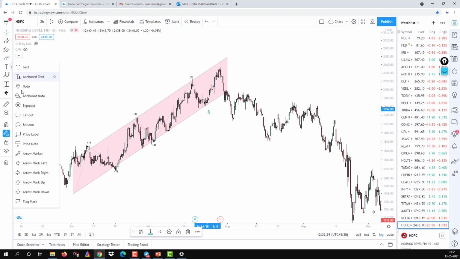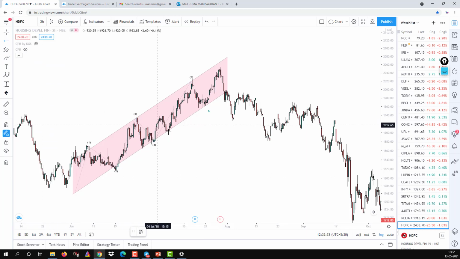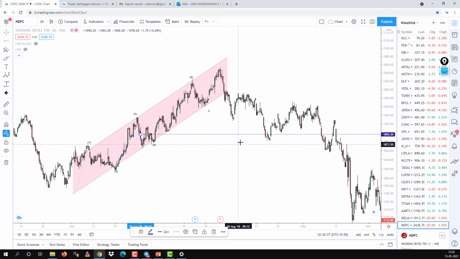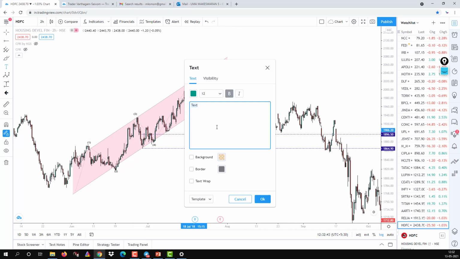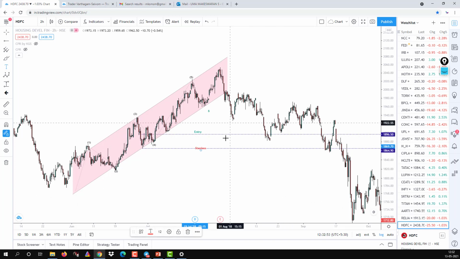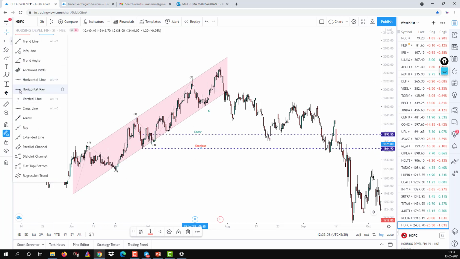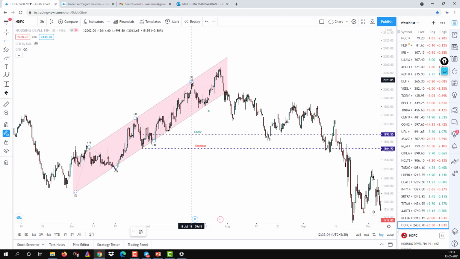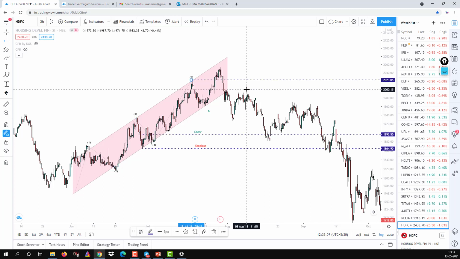At the 4th point we can take one trade. See, if you take the entry here, your stop loss should be here. And your target level should be the next resistance of the trend line.